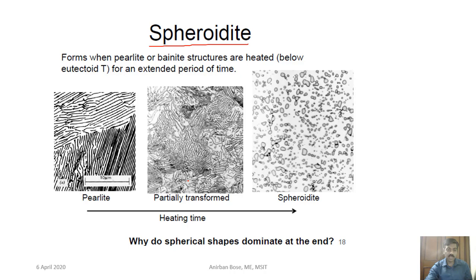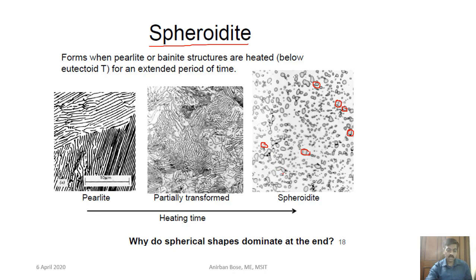If you heat it for a very long time, then you will find that fine spherical ball-like cementite is produced within the ferrite matrix. So the alternate layers of the laminar structure will break, and ultimately you will observe this kind of spherical balls of cementite in the ferrite matrix. And this is a very soft kind of steel and can be easily machined.